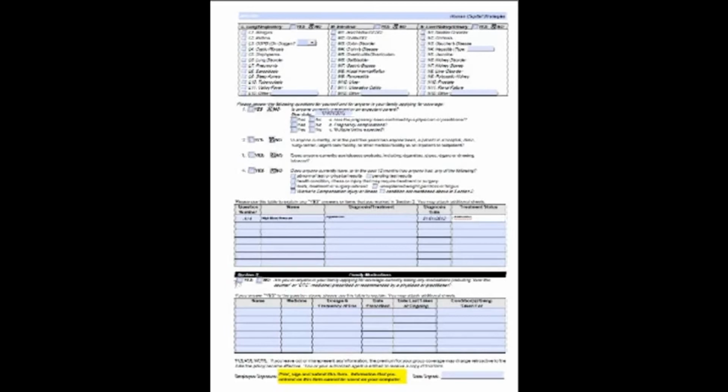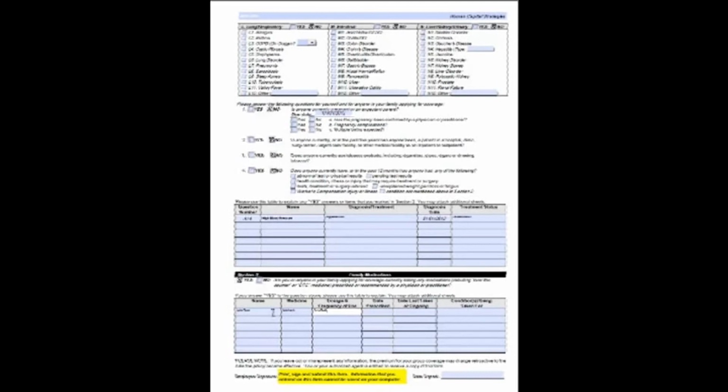Section 3, medications. You're going to put the name of who is taking the medication. Then you're going to put the actual medication name, and then how often and what the dosage. In this case, it's going to be John Doe, and he takes lisinopril, 5 milligrams daily.